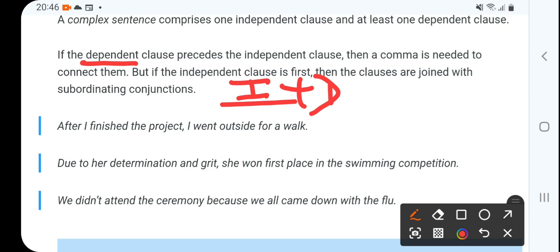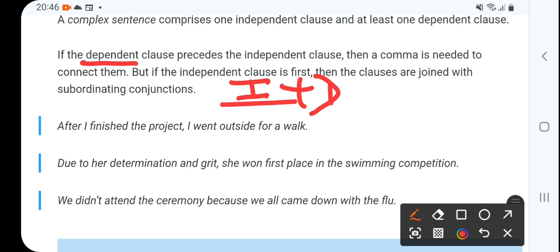What he is saying is that if the dependent clause precedes the independent clause, then a comma is needed to connect them.